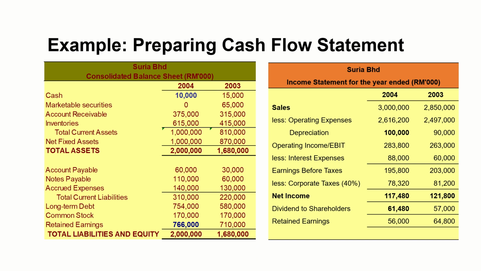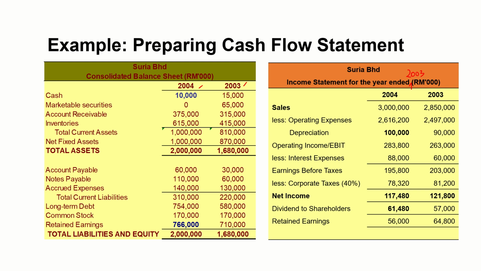For example, preparing a cash flow statement, we have a consolidated balance sheet for 2 years, 2004 and 2003, and also the income statement for the year ended 2003 here.